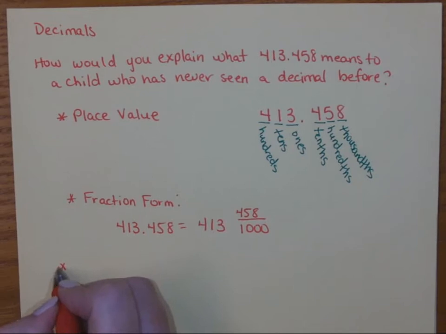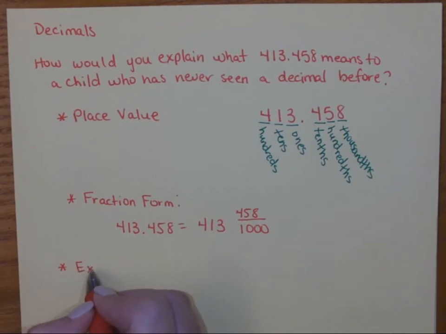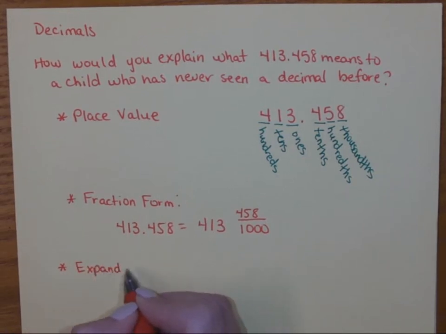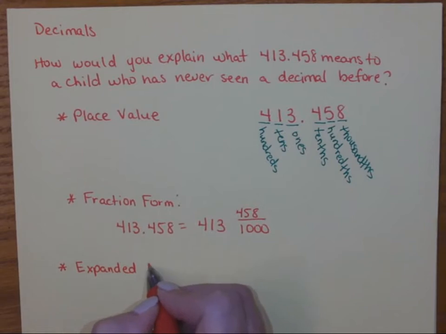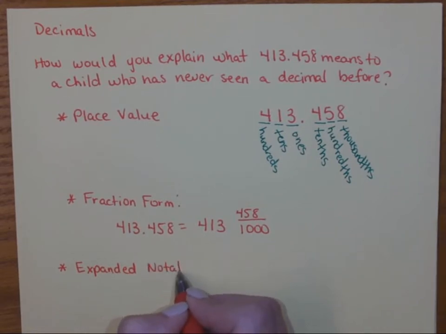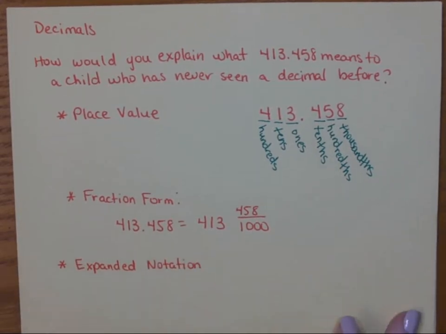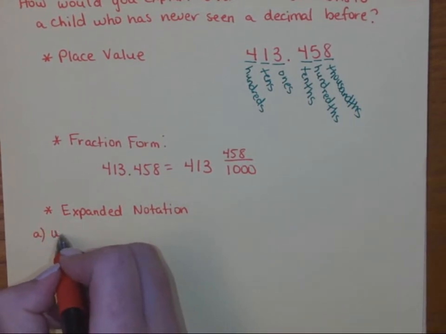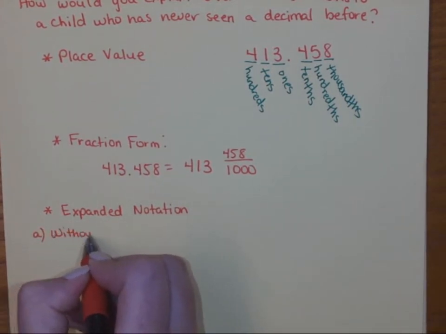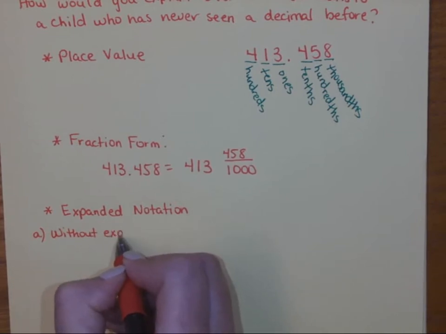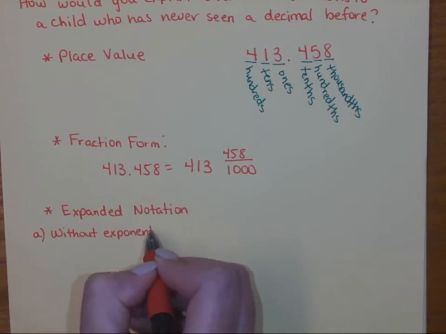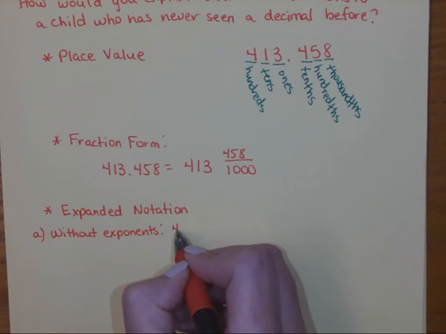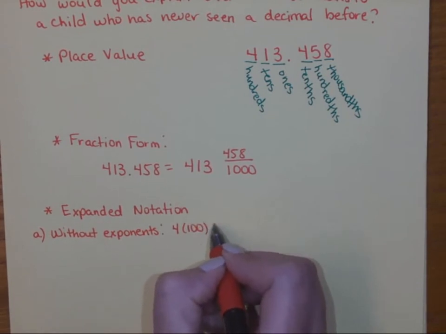We can also discuss the problem in expanded notation. Now, we discussed expanded notation in the class before this one, but we usually cover two different forms of expanded notation, so let's look at those. A is without exponents, so this would be more appropriate for elementary age students. So we have a 4 in the hundreds place, right?